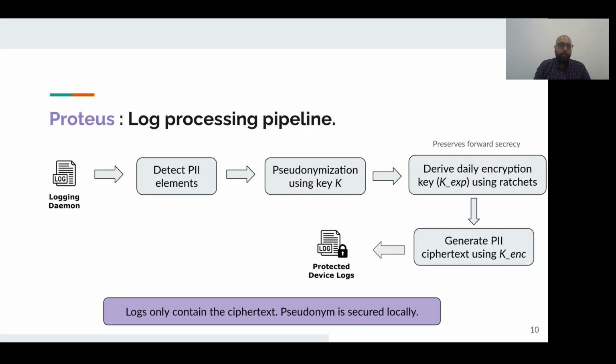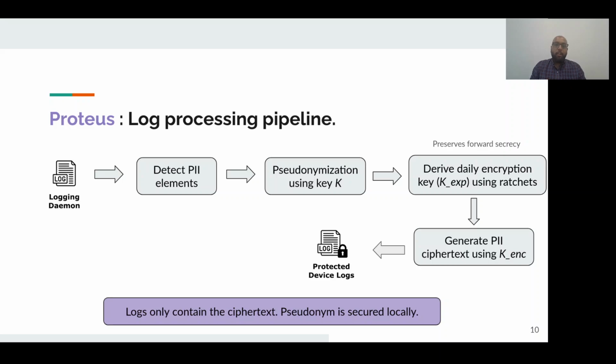We inject into logcat to collect all the logs in situ, detect the PII elements in each and every log statement, then generate a pseudonym variation of that detected PII element using some key K, and then we derive a daily encryption key using a ratcheting protocol that we developed and create a ciphertext of that pseudonym.